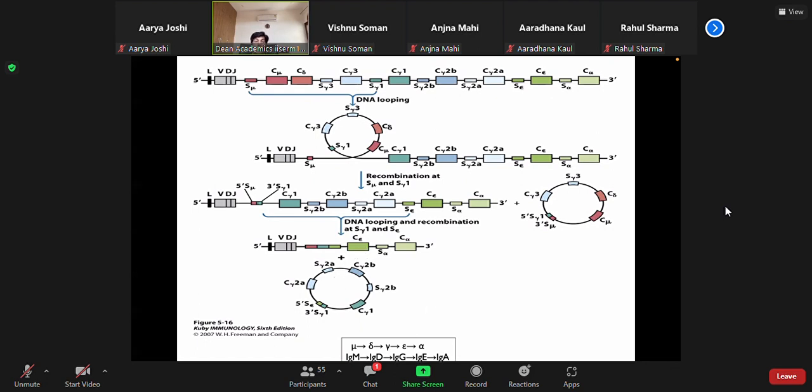The sequence remains: the first one is IgM, then IgD, which are part of your B cell receptor, then G, then E, then alpha, right? Obviously, you can fine tune these processes just by providing the signals required for class switching.